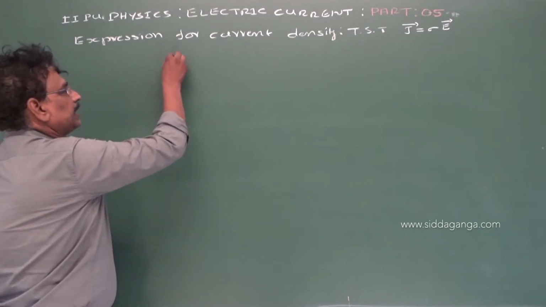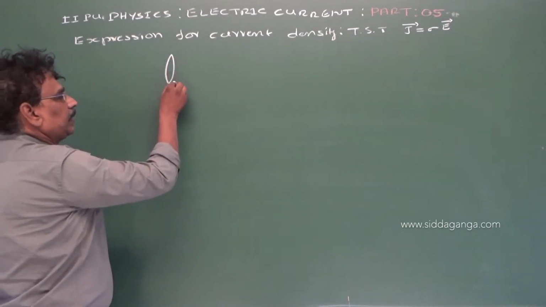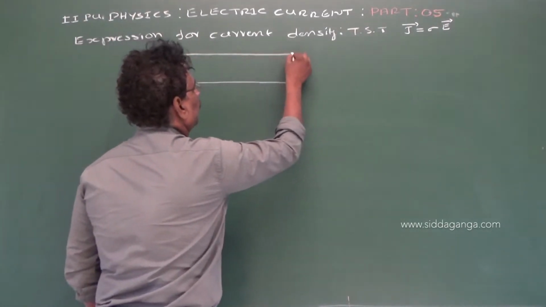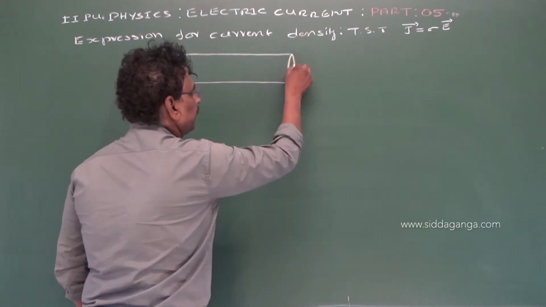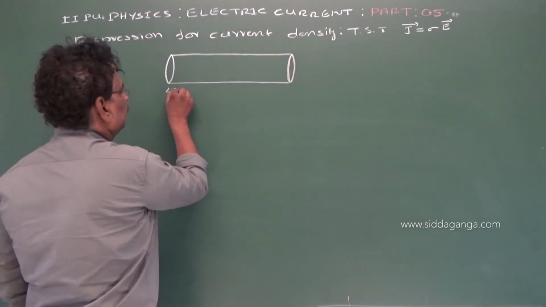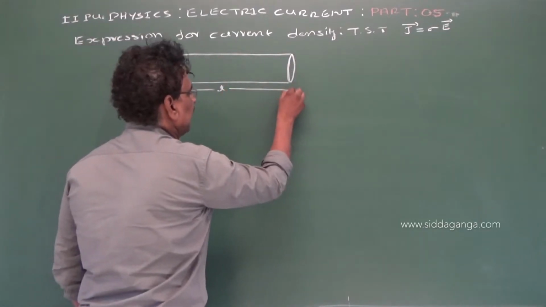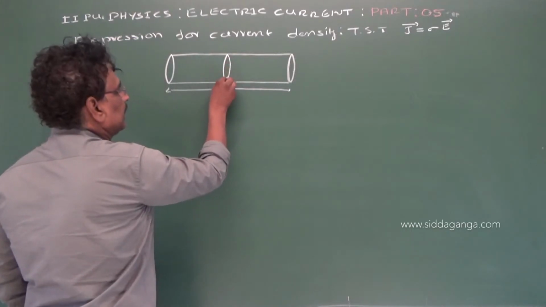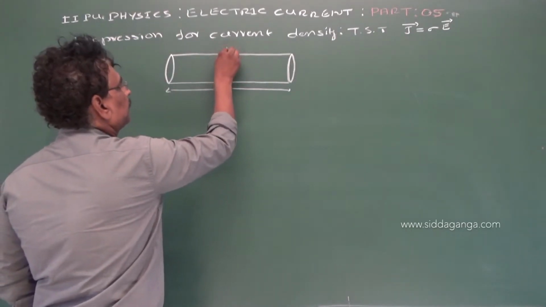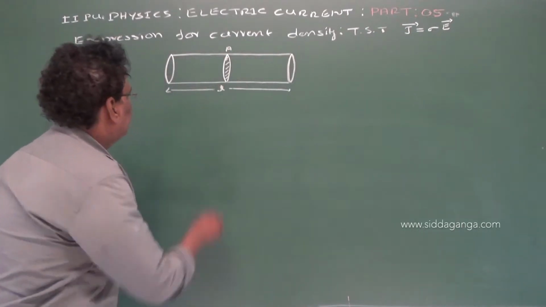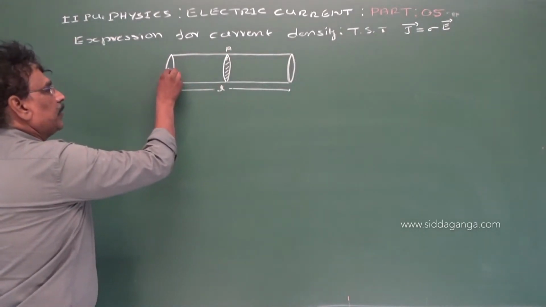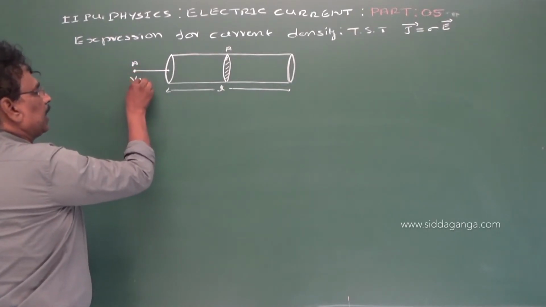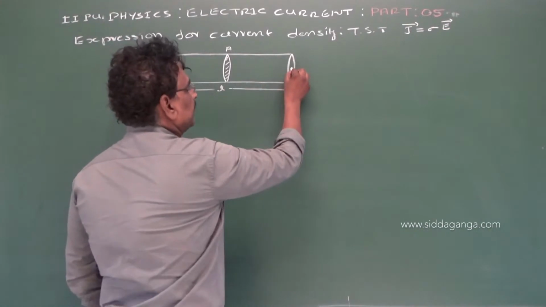a cylindrical conductor of length L and area of cross section A. Let a potential difference be applied across the ends of the conductor.